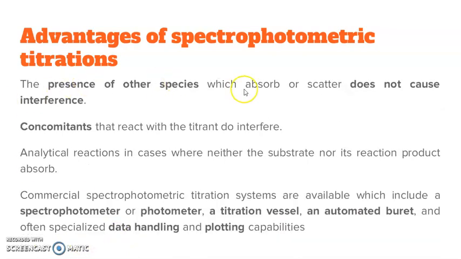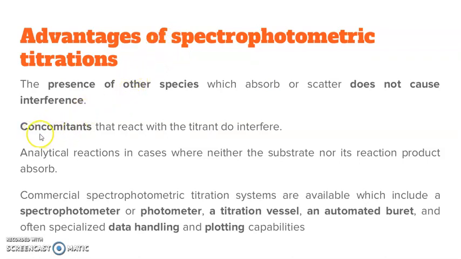The presence of other species which absorb or scatter does not cause interference. So any minute interference present in the titration vessel does not affect much in spectrophotometric titrations, whereas in conventional titrimetry, they do interfere a lot.